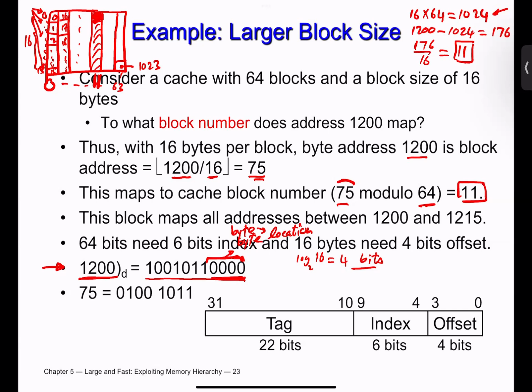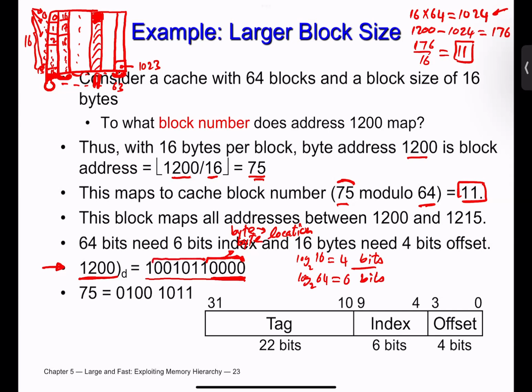How many bits do I need to specify 64 different locations or 64 different blocks? Again, we have here block, block, block, and so on till the very last one. So we have 64 different locations. Log base 2 of 64 is actually equal to 6 bits. So that means that the next 6 bits will give us some interesting information: 1, 2, 3, 4, 5, 6.